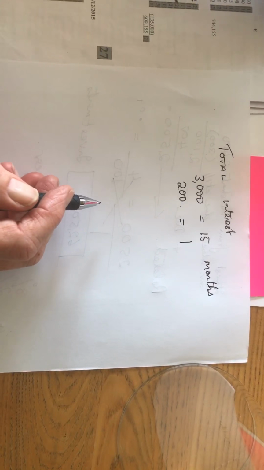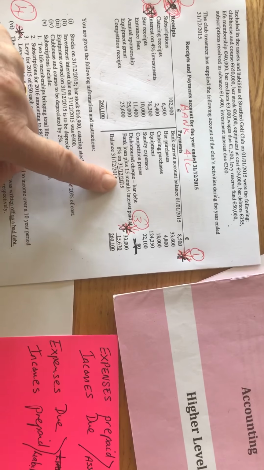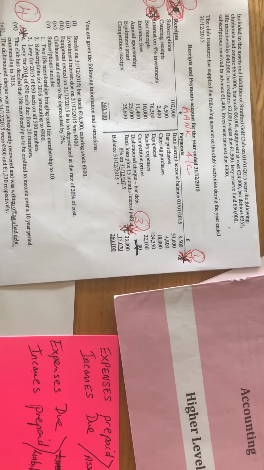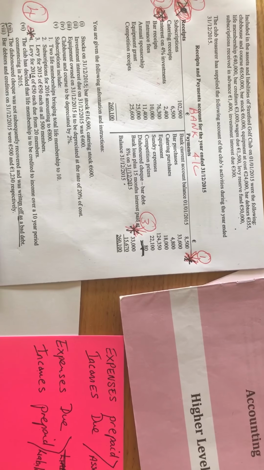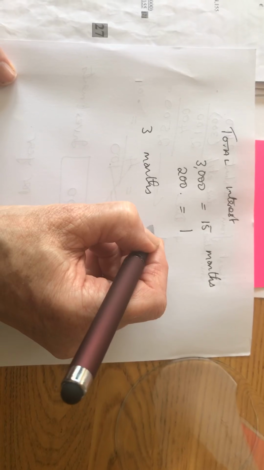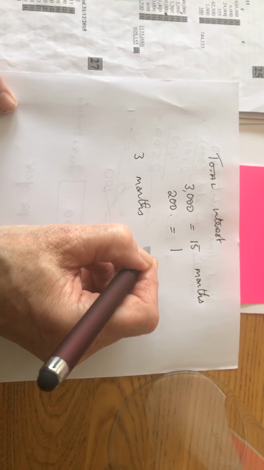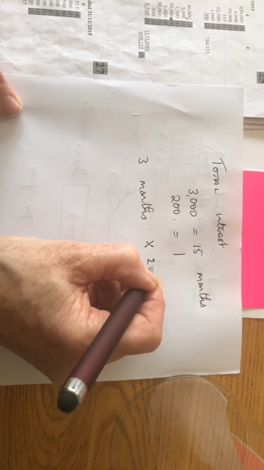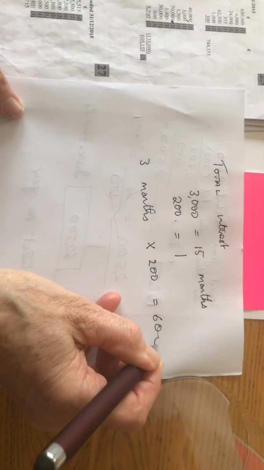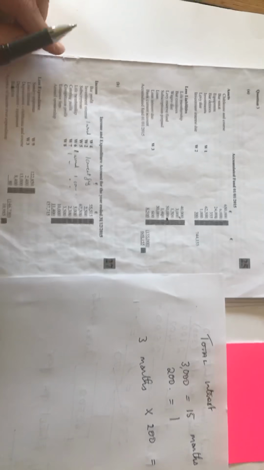When I repay this loan, I repay it at the end of December year 15. 12 months interest is related to this year. The other 3 months interest must have been due at the beginning of this year. It must have been belonging to last year. 3 months multiplied by €200 is equal to 600. So interest due at the beginning of the year is 600.